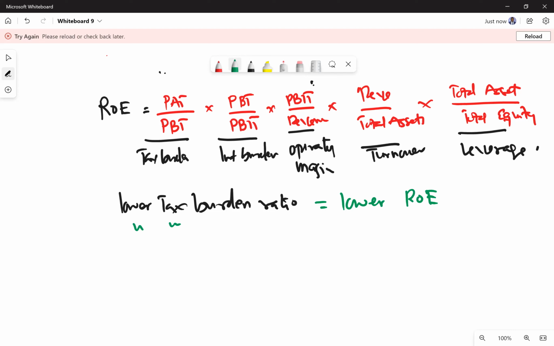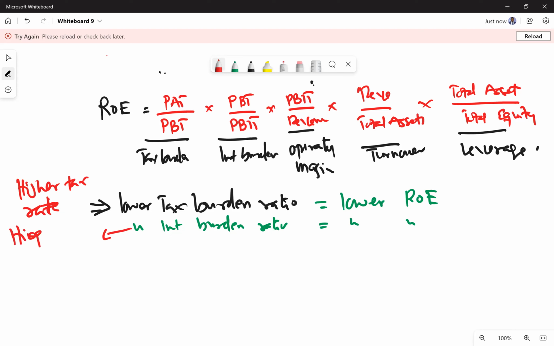A lower interest burden ratio will mean lower return on equity. What results in this lower tax burden ratio is a higher tax payment or tax rate. In the same way, a lower interest burden ratio is driven by higher interest payment or interest rate.